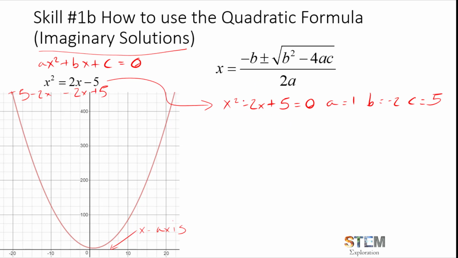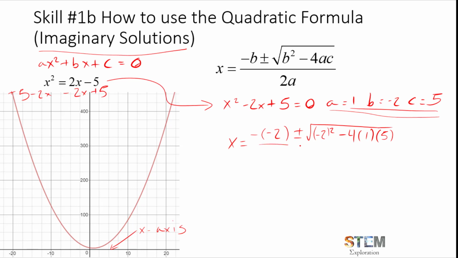So if we want to find the solutions for this equation, even though they're imaginary, we're going to plug these terms into our quadratic formula and solve as needed. So we'll go -2 plus or minus, because b is equal to -2, plus or minus the square root of -2 squared, minus 4 times 1 for a, 5 for c, all over 2 times 1.